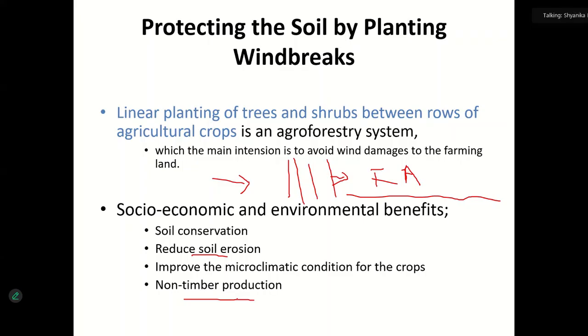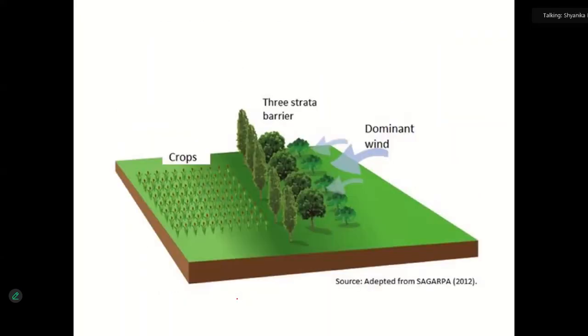How is it happening? Here you can see, these are the crops, right? The dominant wind comes from this direction. And this wind goes through these layers, several lines of trees planted, right?